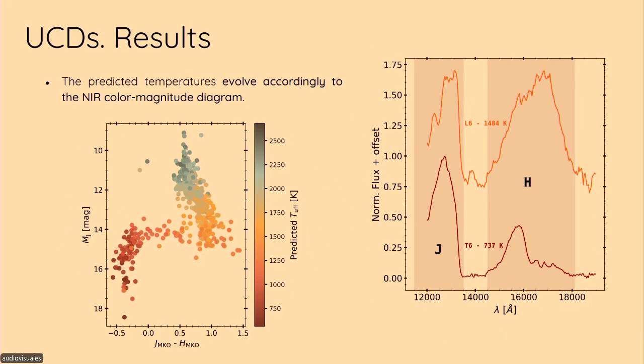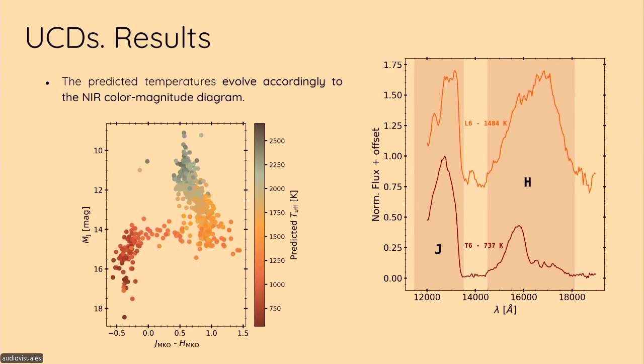And we also double-checked our effective temperatures with the same HR diagram that I showed in the introduction. So here in the figure, you have the same HR diagram, the absolute magnitude in J-band on the y-axis, and the color between the J and H near infrared bands on the x-axis.